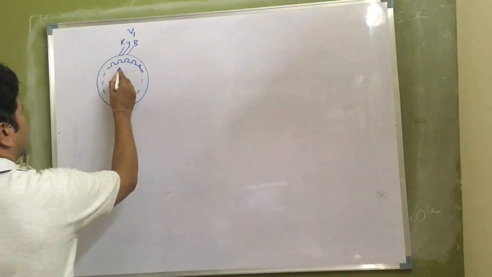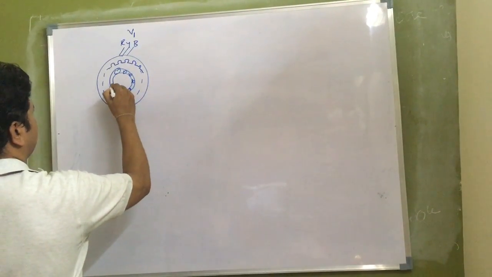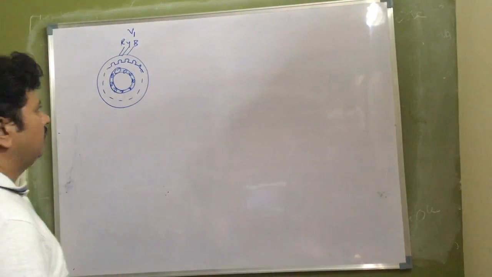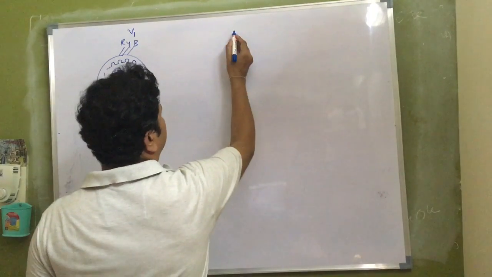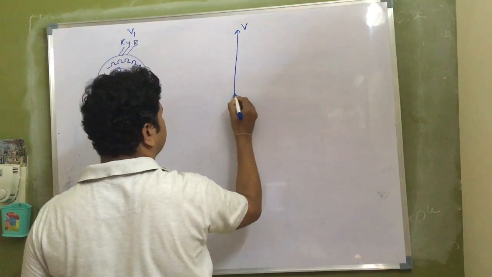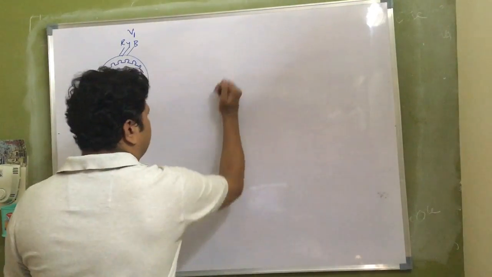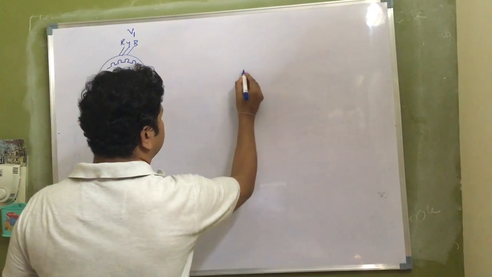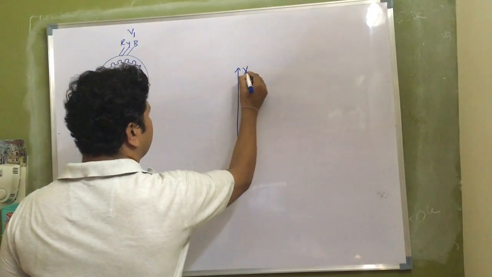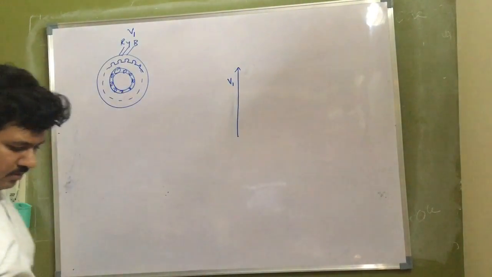Let us take the case of the rotor, because it is easy to draw. Now I will apply V1 to the stator. So let this vector represent V1.